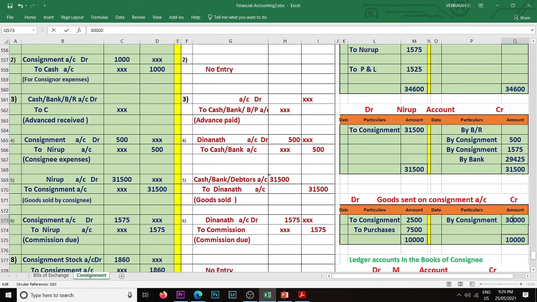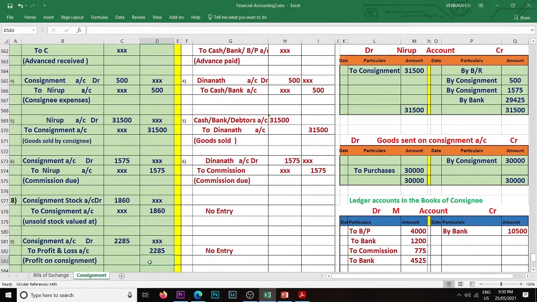Goods sent on consignment is 30,000. Transfer to purchase account 30,000. Please check with your journal entries. So 3 journal entries we have to pass. One is profit, consignment account debit to profit and loss account 1525.